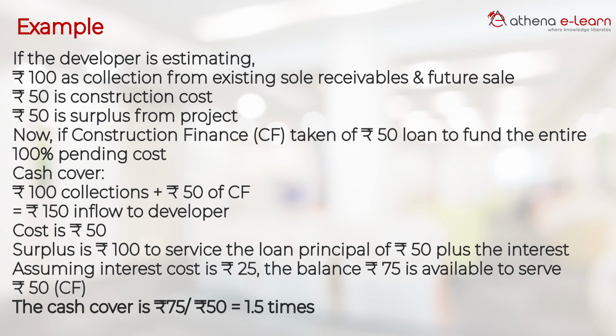Assuming the interest cost is 25 rupees, the balance, which is 75 rupees, is available to service the 50 rupee principal loan that is given, and the cover is basically 75 divided by 50, which is 1.5 times. So this is how a typical cash flow cover is calculated for a construction finance.